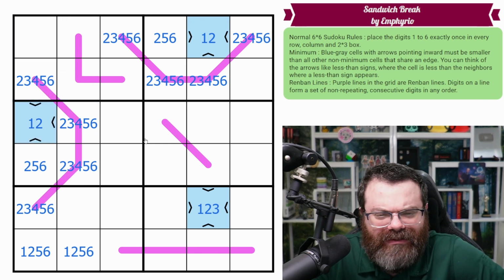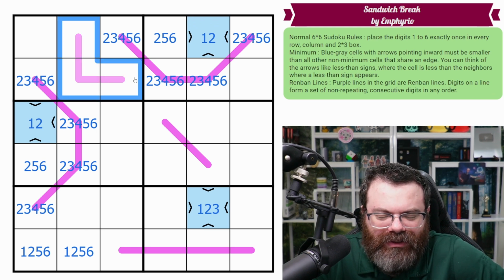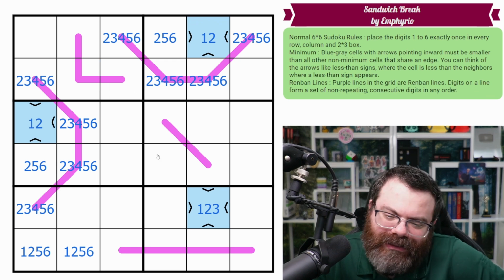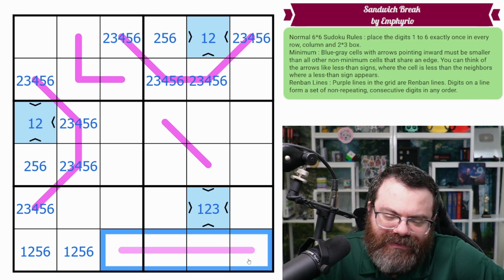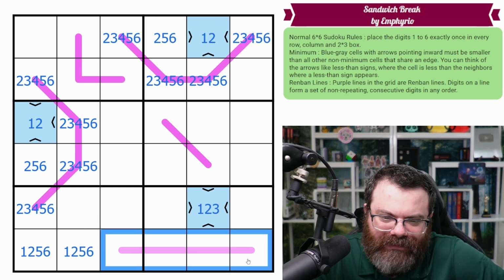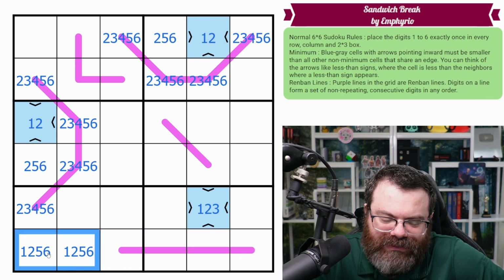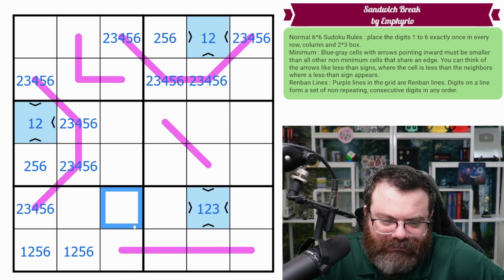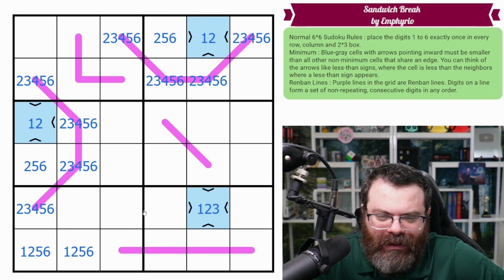I don't know. That feels like quite a look ahead, and I'm not sure it even breaks. Thinking about where the 2 and the 1 would end up in this box. Huh. Does it have to do with this Renban having 3, 4 on it? 1, 2, 5, 6. I am missing something fundamental about this puzzle.